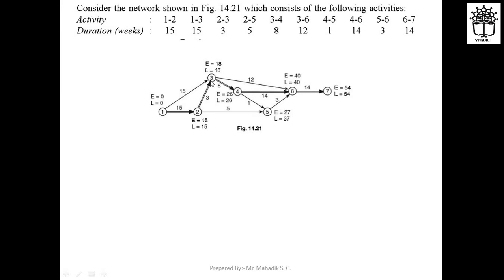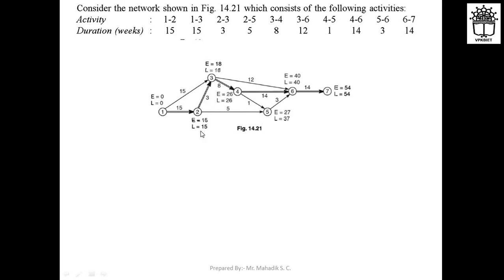Here it is mentioned as 15 only, right. So you need to take the smallest value of L in this case. Remember that for E you need to take the highest value and for L you need to take the smallest value. Have you got this?